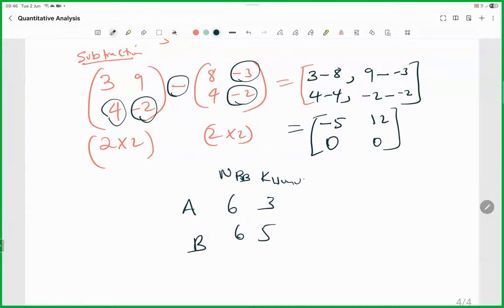This is the cost of transporting goods from A to Nairobi, 6. This 3 is the cost to transport goods from A to Kisumu. The same case here with B, Nairobi: transporting goods from B to Nairobi, 6, like that. Same case with this.